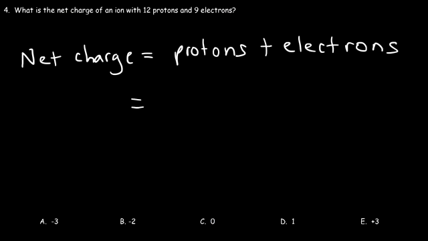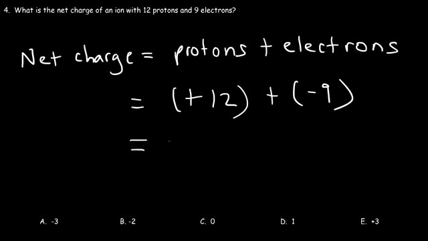So we have 12 protons, each with a charge of plus 1, so it's going to be plus 12. And we have 9 electrons, so it's going to be plus negative 9. Therefore, the net charge of this ion is going to be positive 3. It has a positive charge because there are more protons than electrons. If it had more electrons, it would have a negative charge. And so the answer for this one is E.